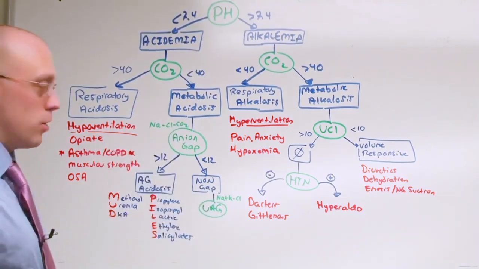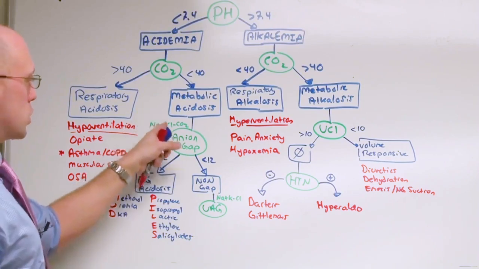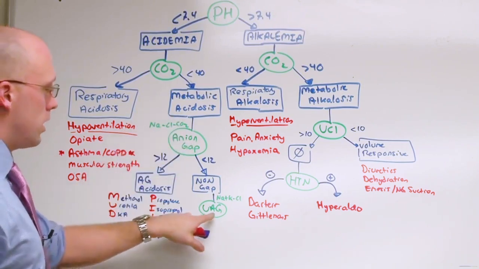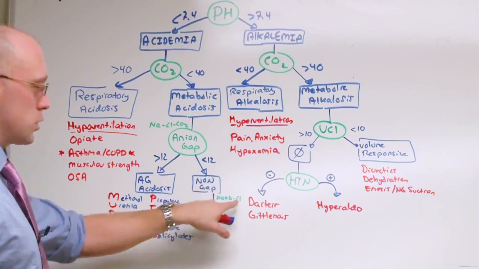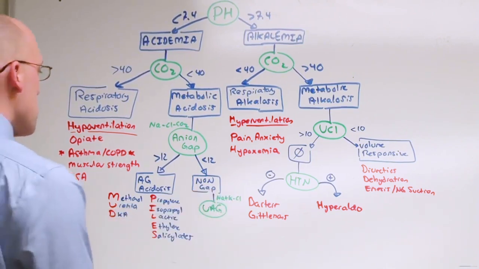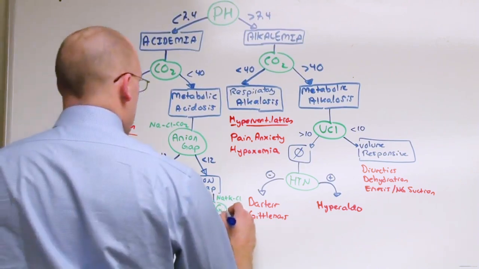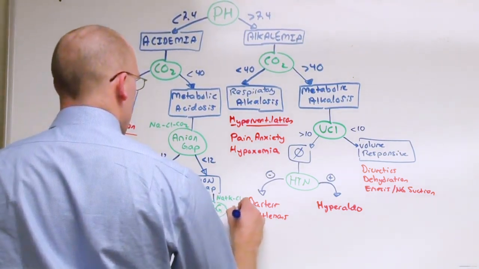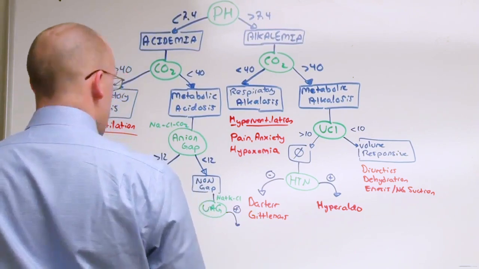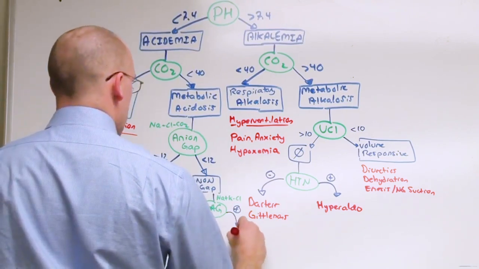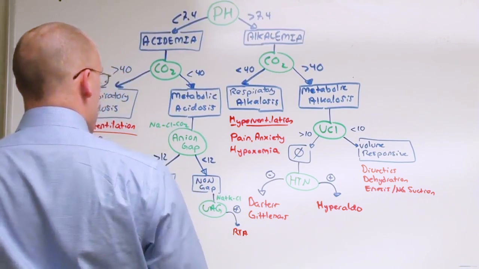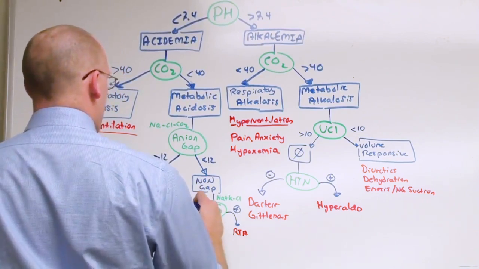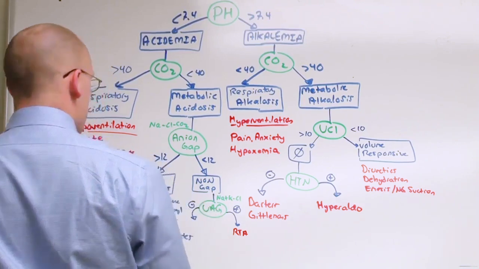Got to commit those to memory. Anion gap is sodium minus chloride minus bicarb. Urine anion gap is sodium plus potassium minus chloride. You're separating a positive urine anion gap, which means renal tubular acidosis, and a negative urine anion gap, which means diarrhea.